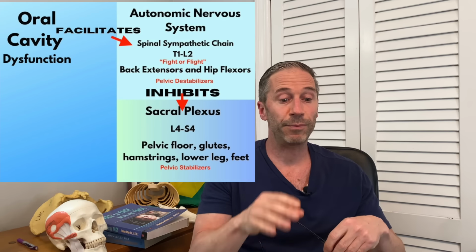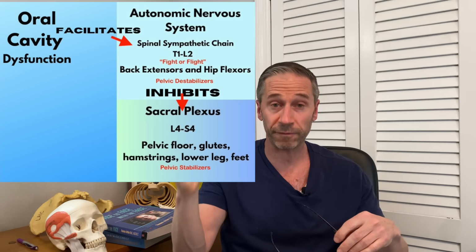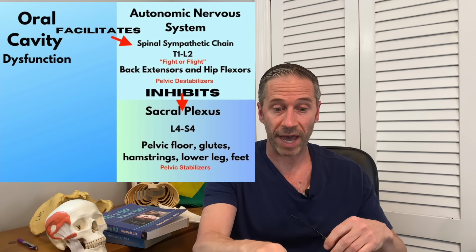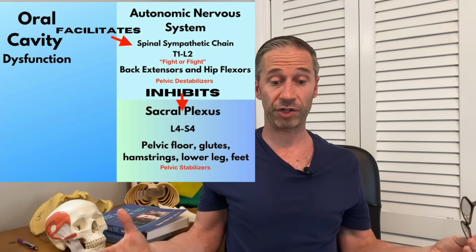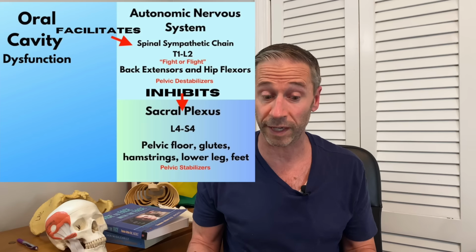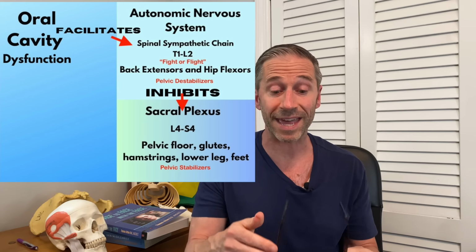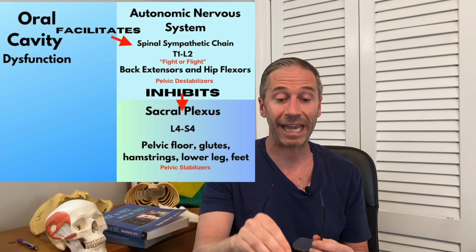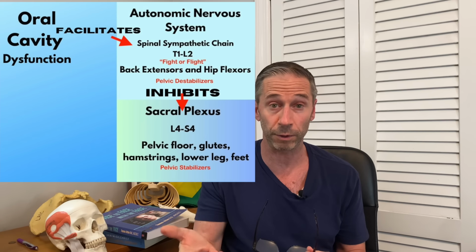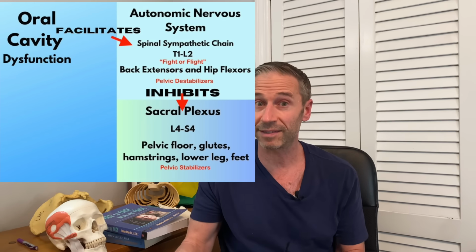So anytime there's oral cavity or cranial dysfunction, that will facilitate that spinal sympathetic extension chain, fight or flight, pelvic destabilizers, hip flexors and back extensors, and then that area inhibits your ability to stabilize with your pelvic floor, your glutes, your hamstrings, your lower leg, and your foot, which are the pelvic stabilizers.